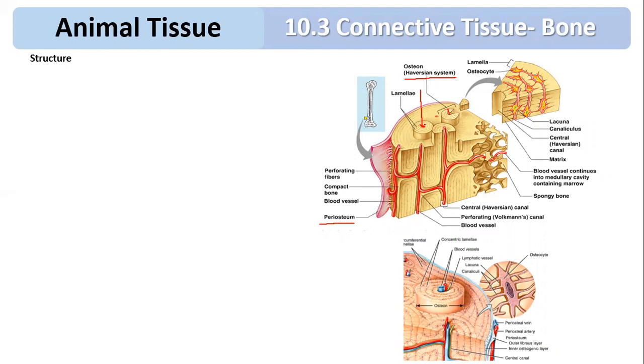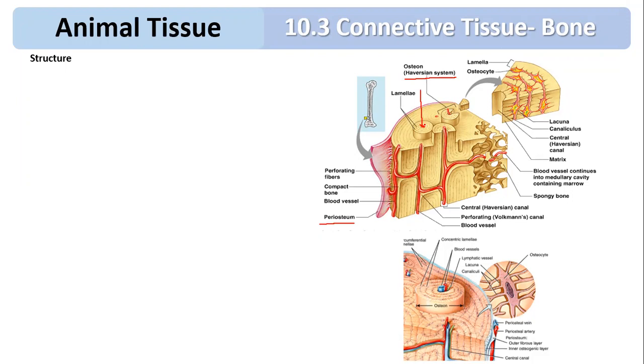If it is one, it is called a lamella. One lamella is surrounded by another lamella, the second lamella is surrounded by the third lamella, and so on.